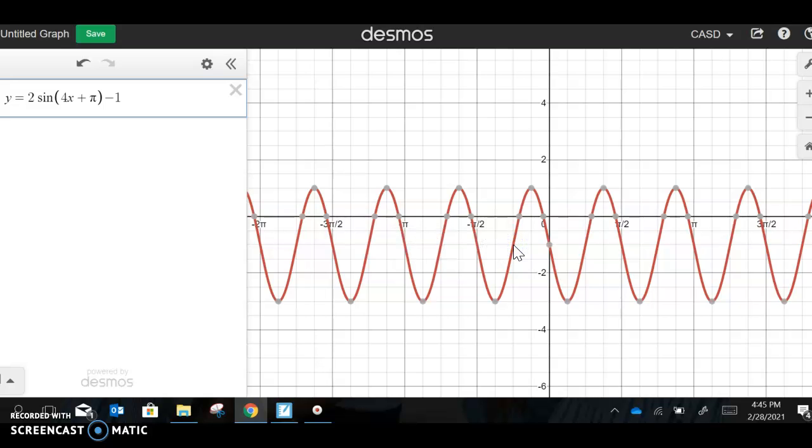Gosh, I wish I could land right on it, but I can't. And then it went to negative pi over 8, positive 1. 0, negative 1. Pi over 8, negative 3. And then we're back at positive pi over 4, negative 1, which I just can't quite grab.